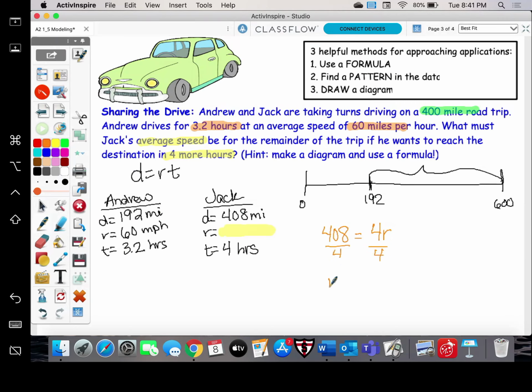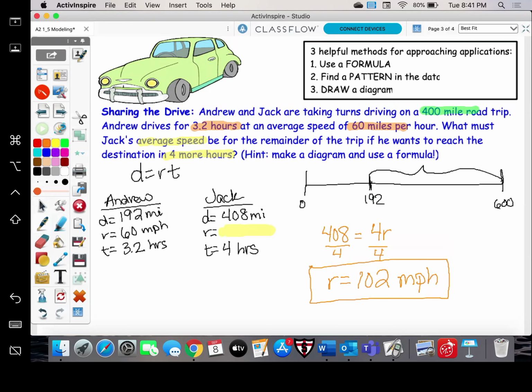Okay, divide both sides by 4, and you get R is equal to, let me calculate, 102. 102 miles per hour. Oh my goodness, Jack is going to get a speeding ticket or cause an accident or something. He should probably not drive that fast. Okay? But mathematically, if they want this to happen, he'd have to drive 102.